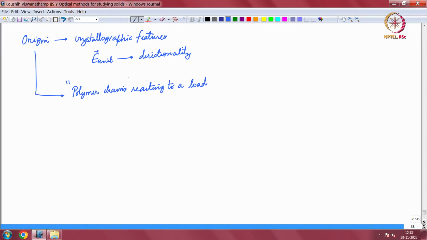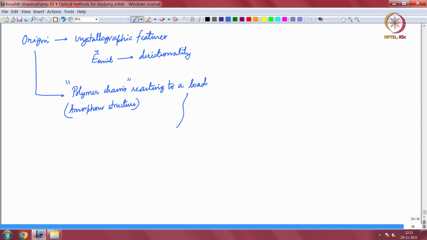I am going to put polymer chains in quote. It could also be because of some amorphous structure reacting to a load. Polymer chains are a special class of course, but it could be any amorphous structure.